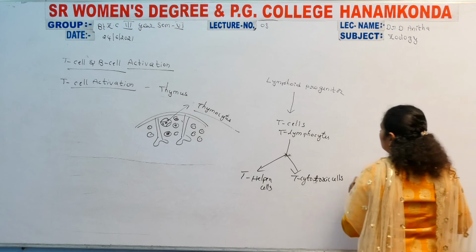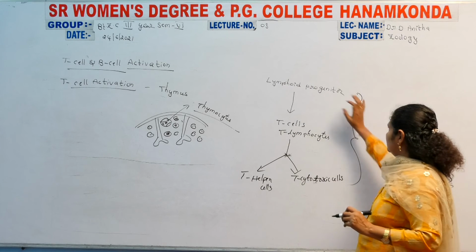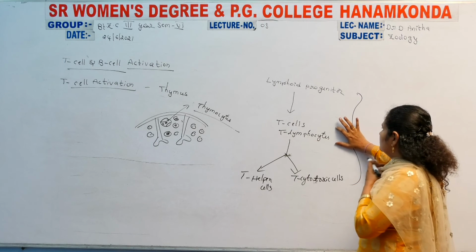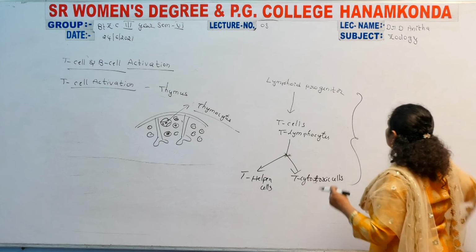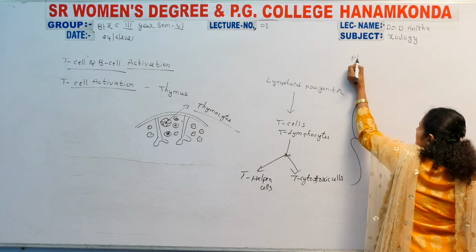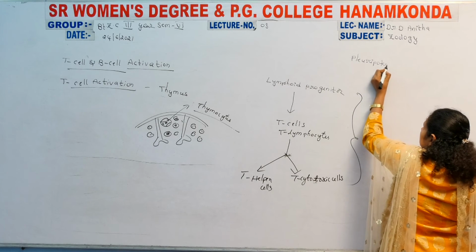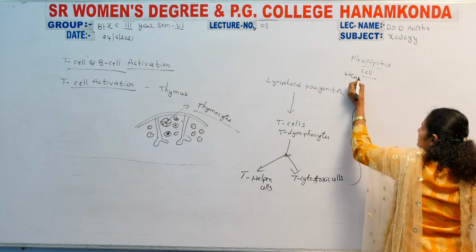We already completed what a lymphoid progenitor is, and the T lymphocytes are developed from this progenitor. Actually, this comes from the pluripotent cell, which is the hemopoietic stem cell.